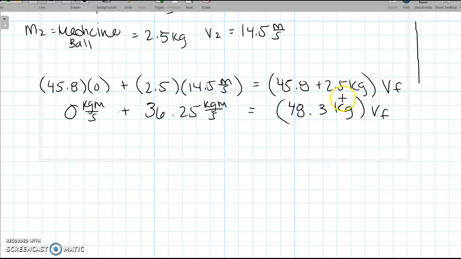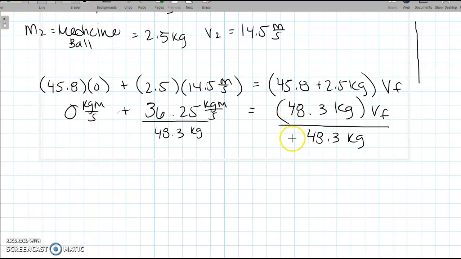So how do I get VF? Well, I need to divide both sides by 48.3 kilograms. This cancels out on that side, so we get VF alone, which is exactly what we want.